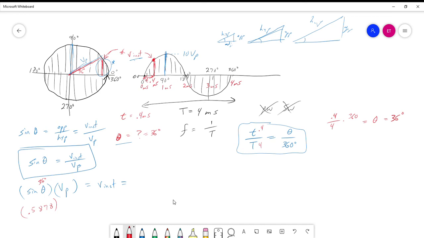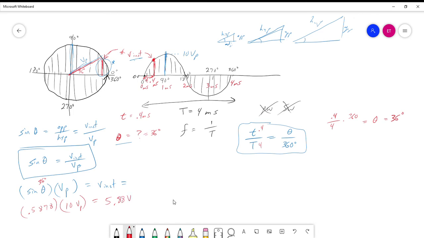The peak voltage is 10 volts. So you can see we're just solving for instantaneous voltage. It looks like 5.878, and I can go to just 3 sig figs. 5.88 volts is my answer.